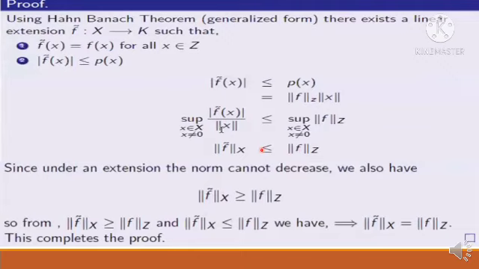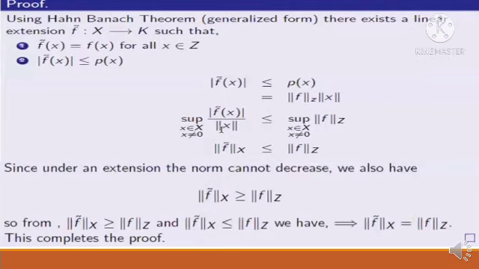So the norm of f tilde on X is less than or equal to the norm of f on Z. Since under an extension the norm cannot decrease, we also have the norm of f tilde on X is greater than or equal to the norm of f on Z. So from this and this, it implies that the norm of f tilde on X is equal to the norm of f on Z. So this completes the proof.